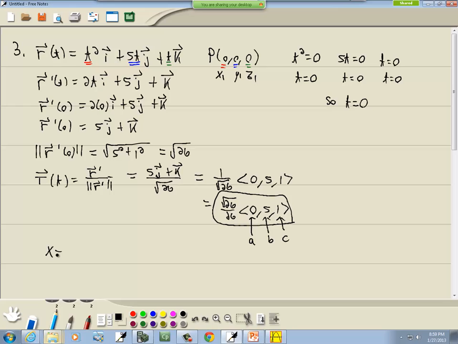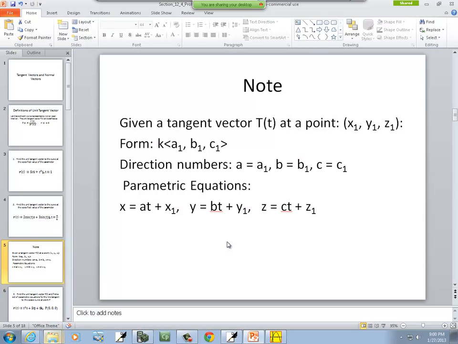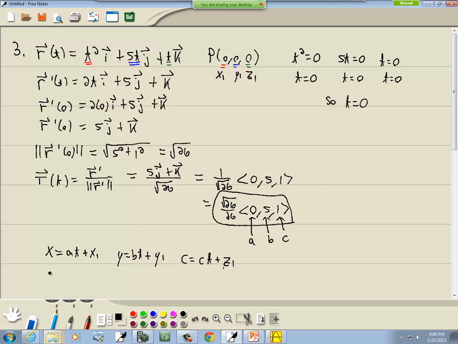So our formulas say x is equal to at plus x1, and y is equal to bt plus y1, and z is equal to ct plus z1. Let me double check those. Yeah, okay. So you just plug in what you just found. Well, a we said was 0, so this is 0t plus x1, which is 0. So that gives us x equals 0.